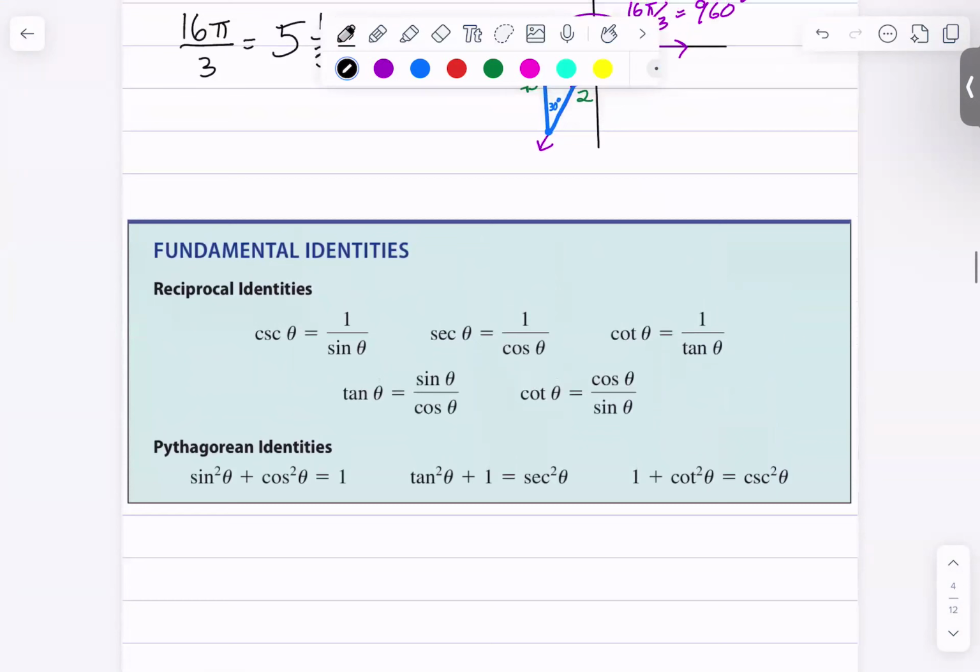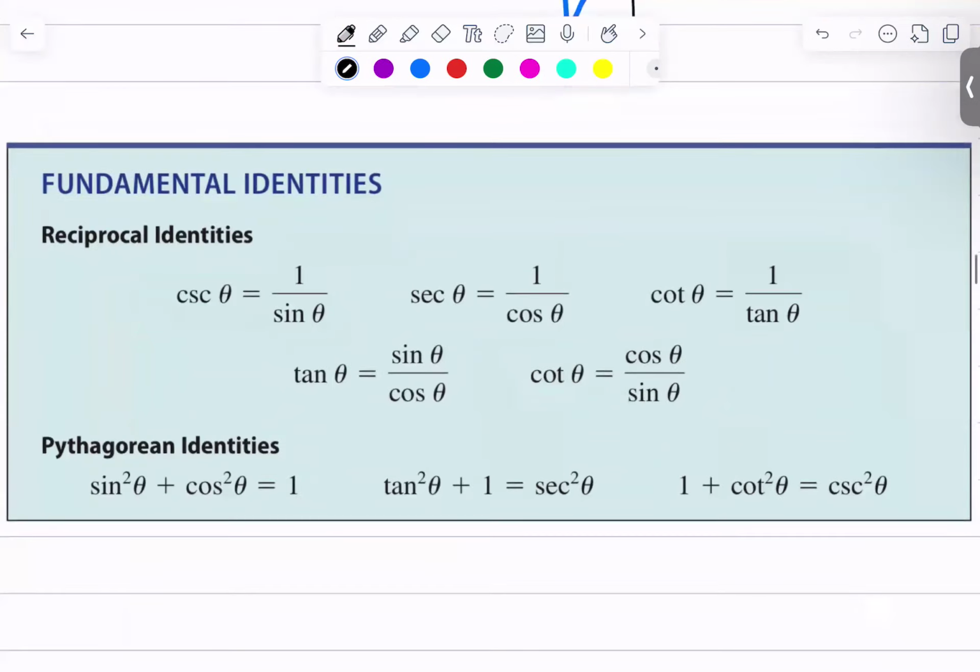Here are some identities. Here are the reciprocal identities, right? Cosecant is 1 over sine. Secant is 1 over cosine.